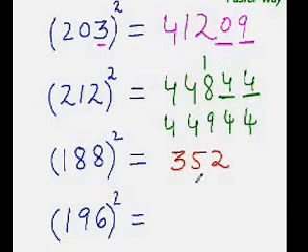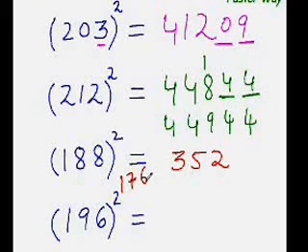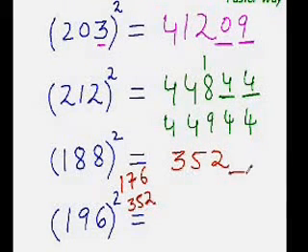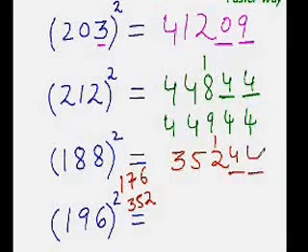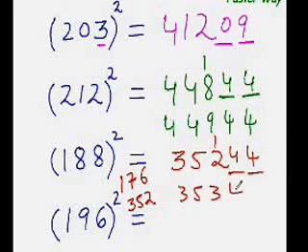Using the doubling technique. 176. So double of 17 is 34, but the next digit is more than 4. So I add 1 to 34, that is 35, and copy the units digit of double of 6, that is 2, isn't it? So it is 352. Now two more places to go. So just put the square of the distance, that is 12 square is 144. So the answer would be 35344.